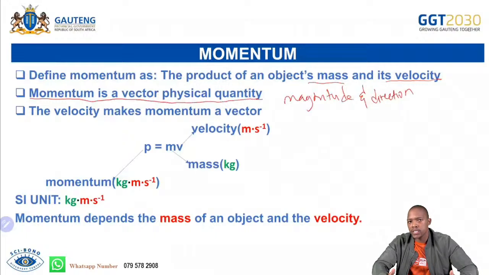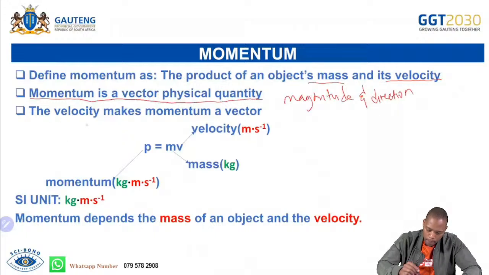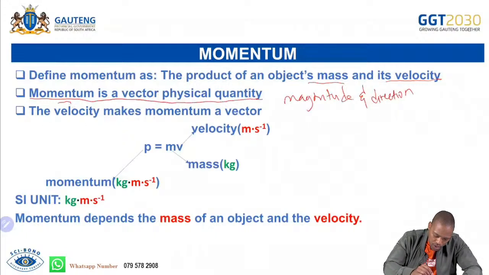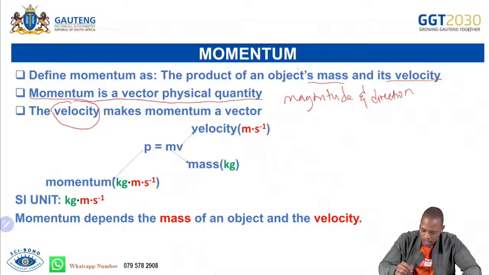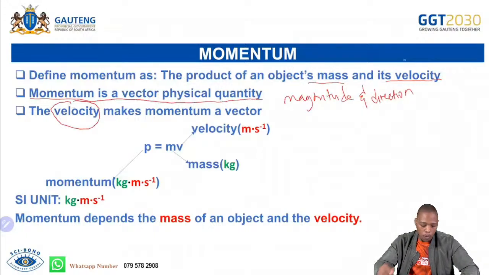So when we talk momentum, we say momentum is a vector, and it is a vector because it has magnitude and direction. What gives the momentum its direction? Momentum becomes a vector because of what? Of the velocity in momentum. Because we said it is the product of an object's mass and its velocity. Now, because of the velocity, momentum becomes a what? A vector quantity, because it gives it the direction.